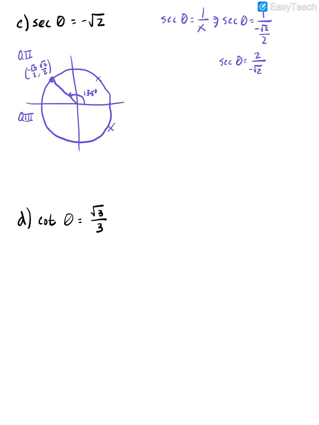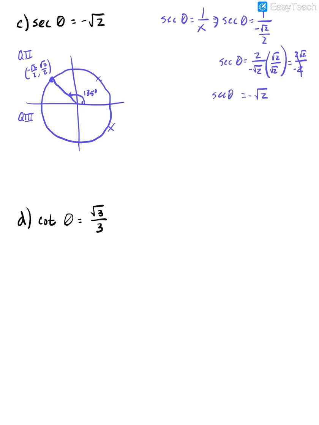Now you're probably saying, okay, well, those still don't look like each other. But if you were to rationalize the tops and bottom, that gets you 2 square root of 2 over negative 2, which reduces. So then that gives you negative square root of 2. So voila, we got the same ratio.